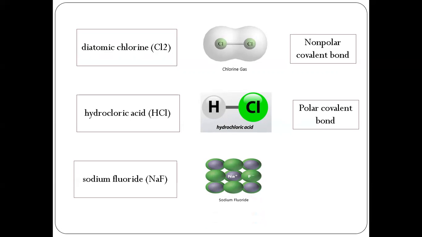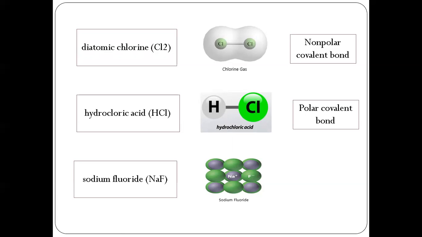Basically, meron siyang dalawang elements. Ano yung nahanap natin for sodium? Okay, sodium natin is 0.9, while the fluorine is 4.0. So we have 4.0 minus the sodium 0.9.